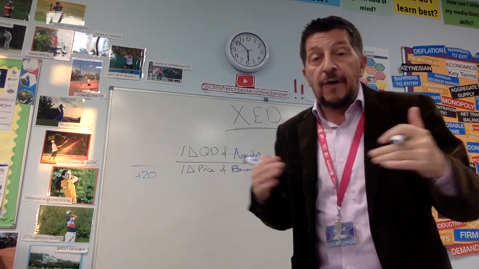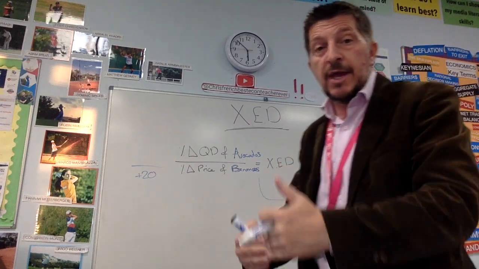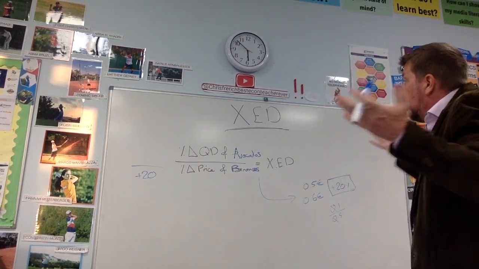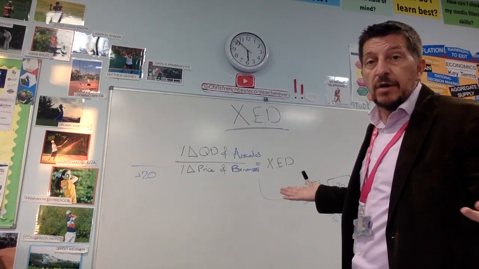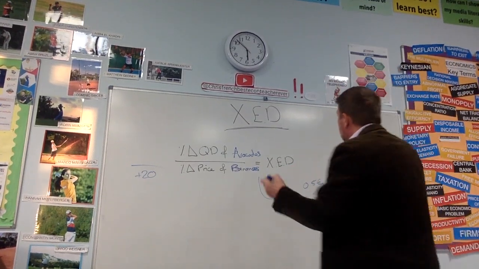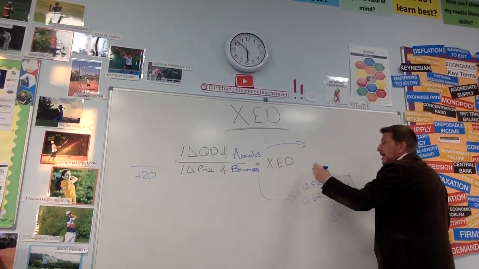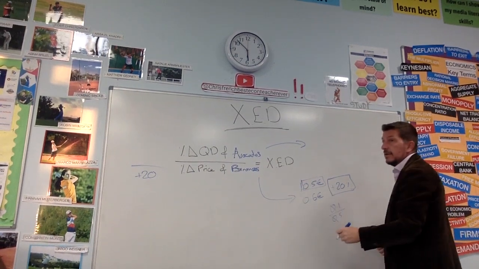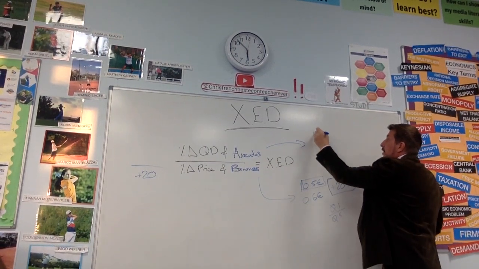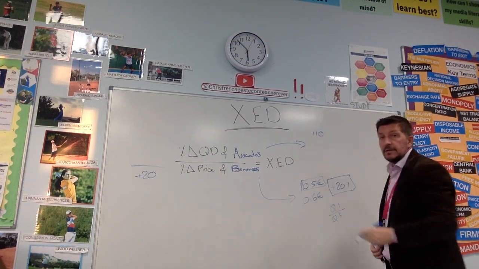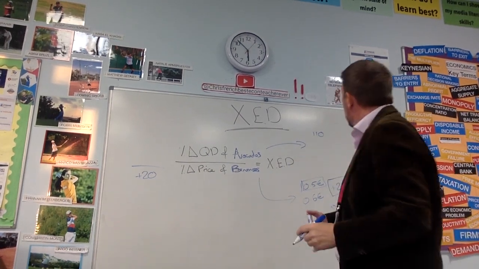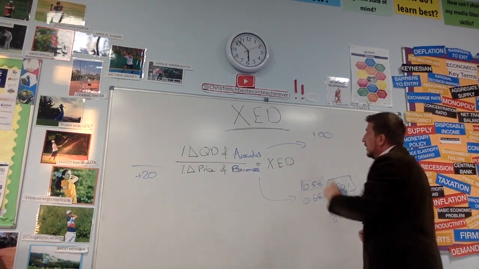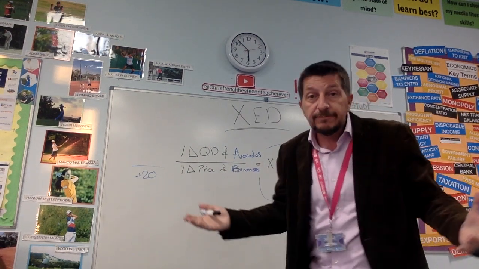Now, following that change in the price of bananas, what has happened to the demand for avocados? So we just think of an example. When bananas were 50 cents, let's say 100 avocados were bought, for example.